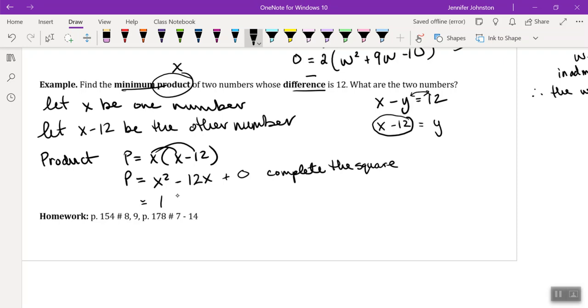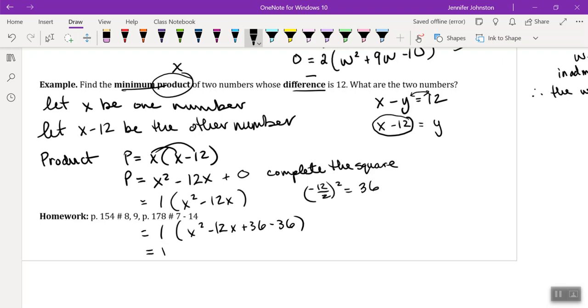We're going to common factor a 1 out in front, so we are left with x squared minus 12x, and then the negative 12 divided by 2 and squared, we get 36. So 1x squared minus 12x plus 36 minus 36. The negative 36 gets kicked out by the 1. This is x minus 6 squared minus 36.